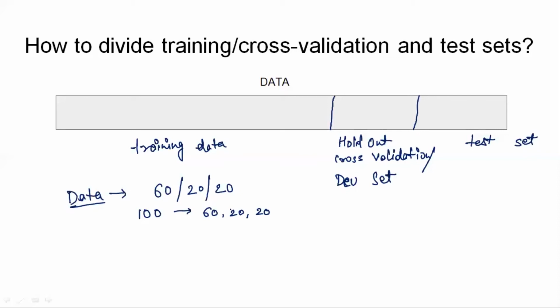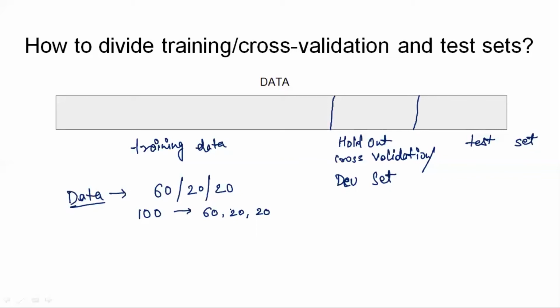So what you do is you make your models work on the cross validation or the development data. Okay, and after the comparison you suppose find that the second model works out to be more efficient on the cross validation data set, and then you apply this model on the test data set also.